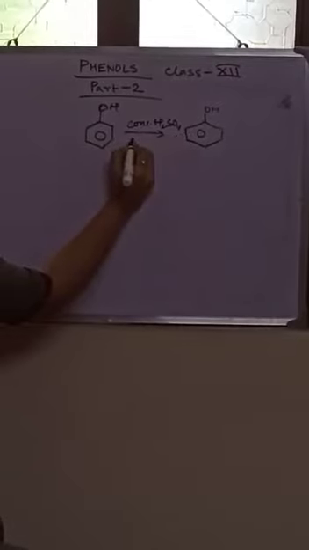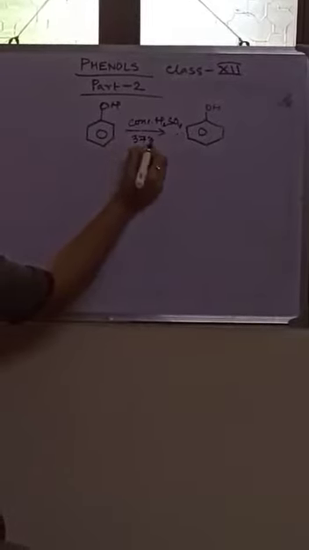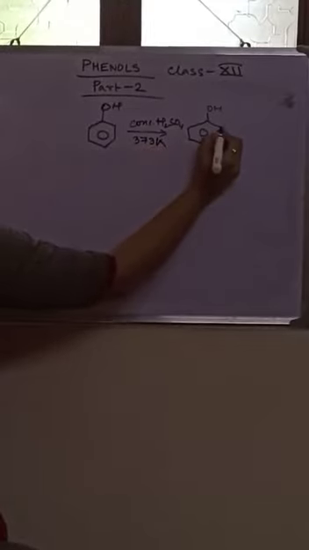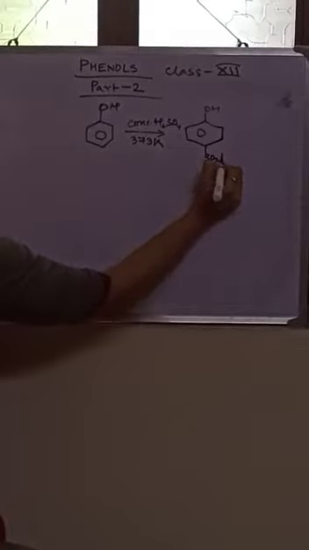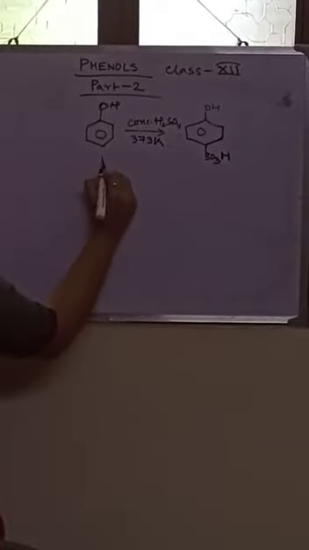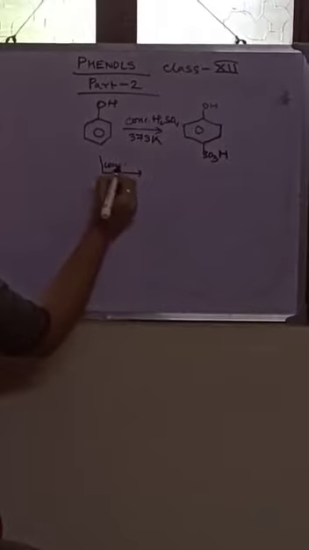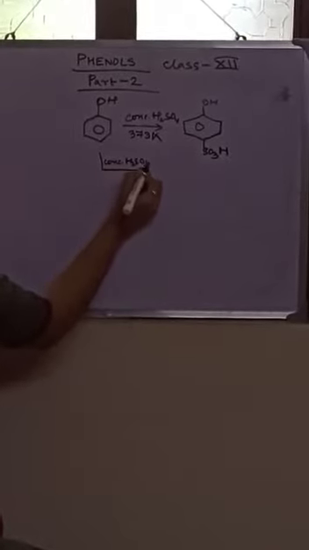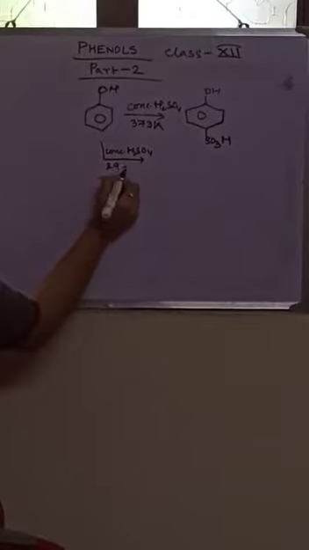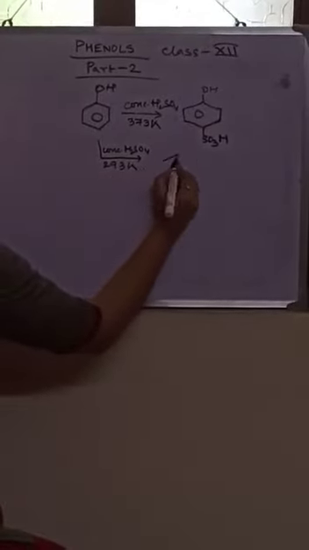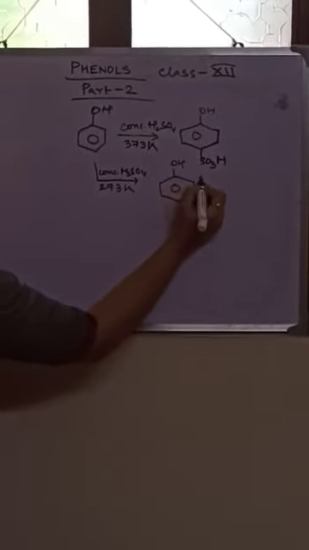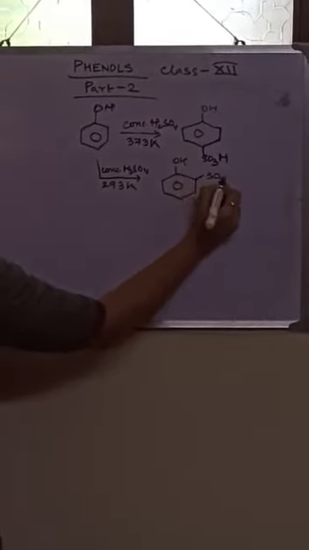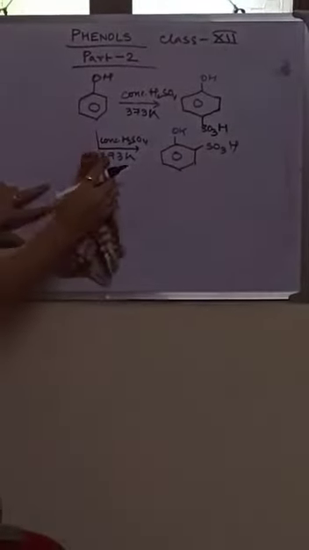If the temperature is kept at 373 Kelvin, then we will get the para product, and if the temperature is maintained at 293 Kelvin, then we will get the ortho product. This is all about sulfonation.